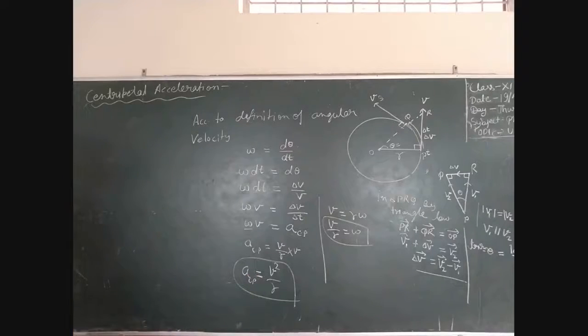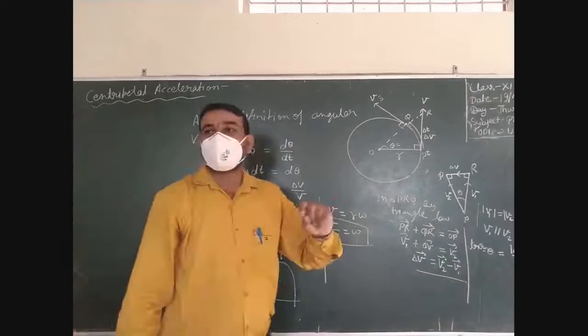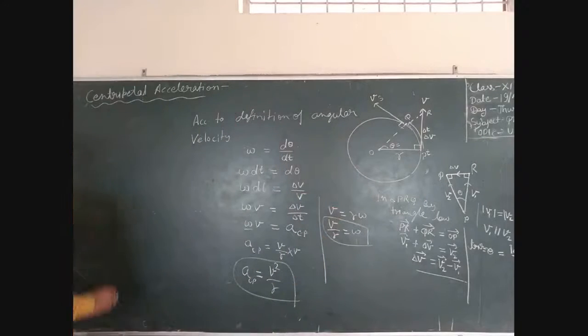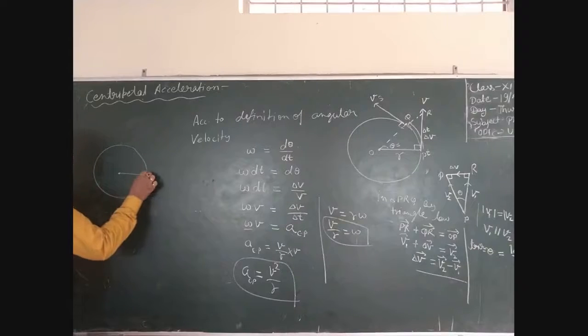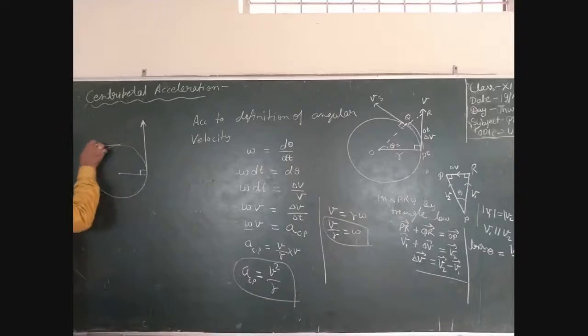As we discussed in the previous class, when a particle is moving in a circular path, the tangent drawn at the point is always at 90 degrees to the radius. If we look at different points, we get 90 degrees every time.